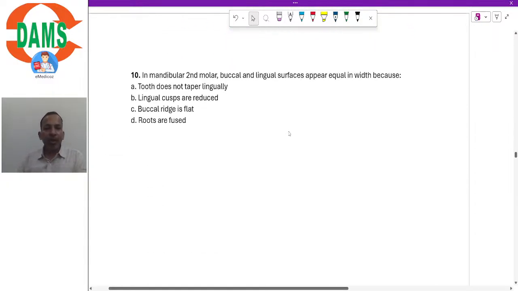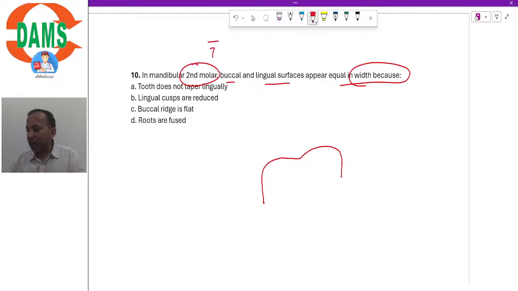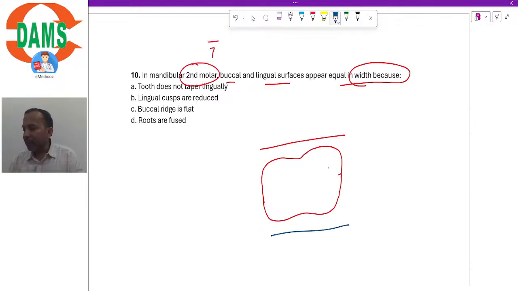So next question, in the mandibular second molar buccal and lingual surfaces appear equal in width because, तो हमने अभी ये डिस्कस किया है, right? We just discussed that the buccal and the lingual surfaces appear almost equal. And why is that so? Why do they appear equal?